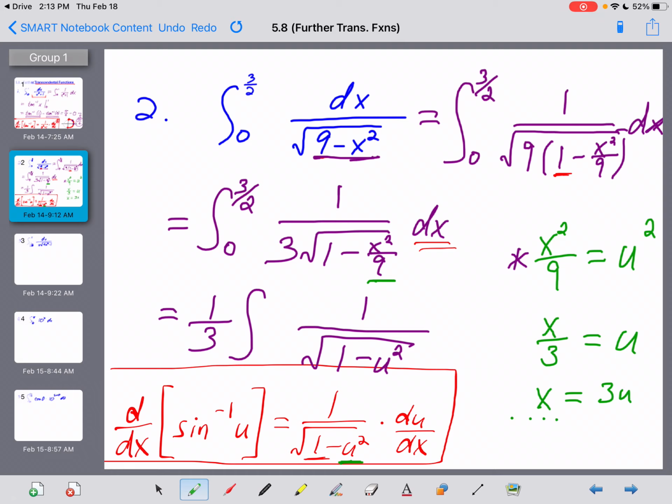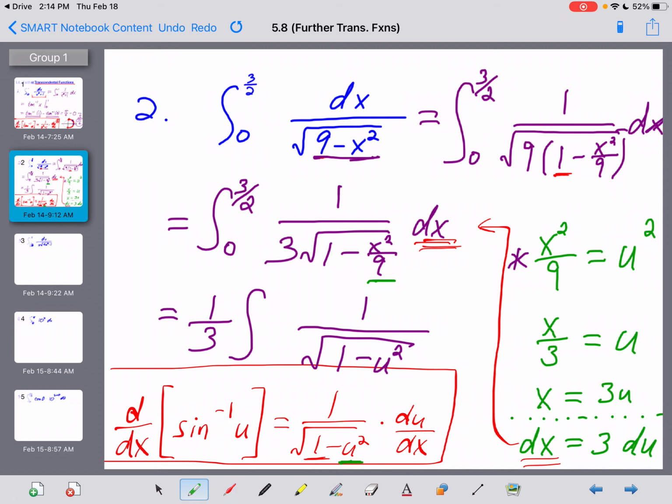And now we will take the derivative of both sides of that equation and get dx is equal to 3 du. And that, everybody, is the secondary substitution that I needed to put right here.